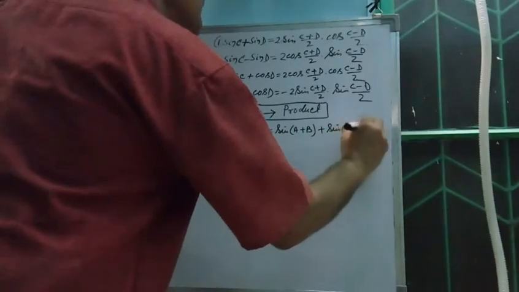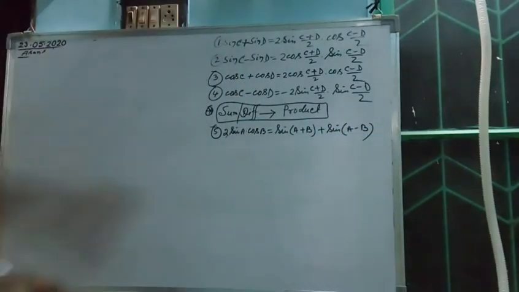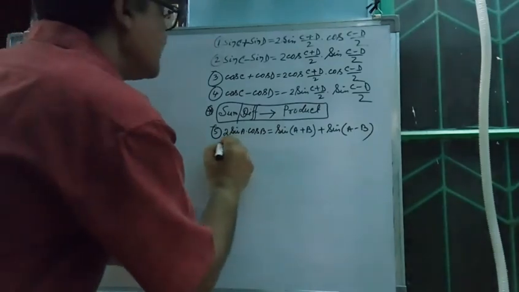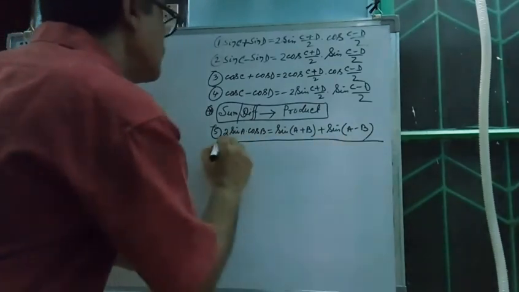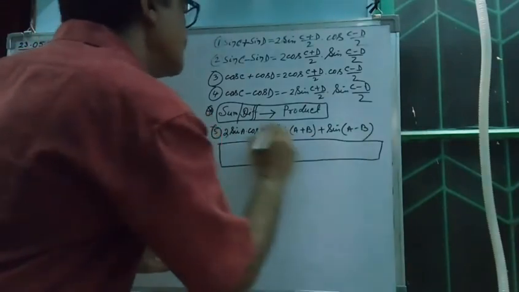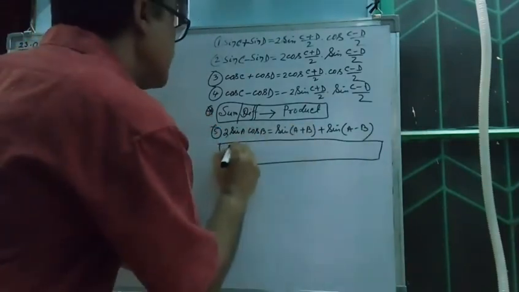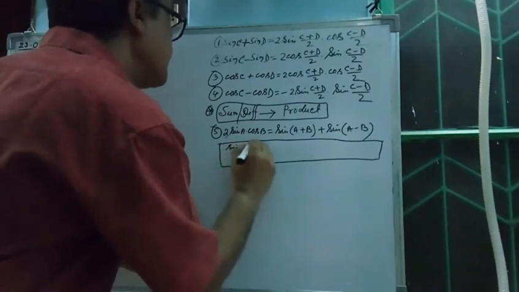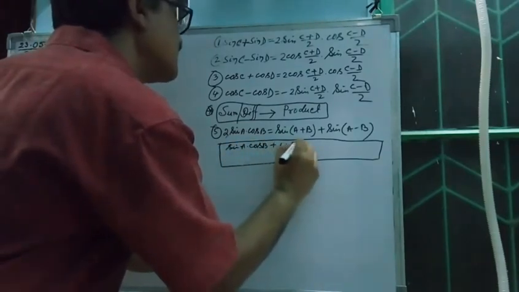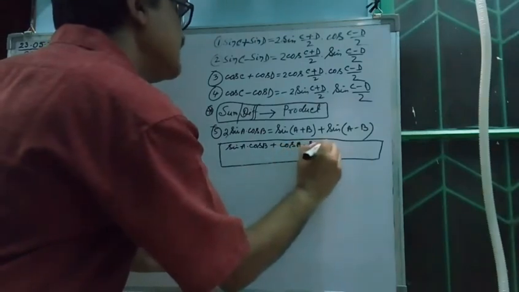You will get 2 sin A cos B. How? Let us show it. Sin (A plus B) is sin A cos B plus cos A sin B.